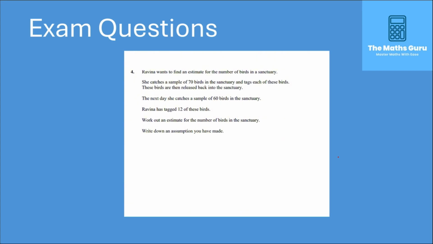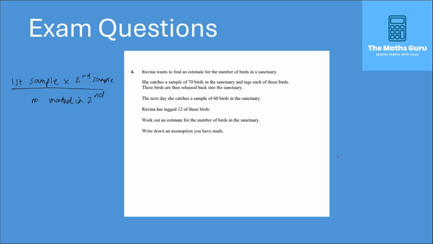So if you remember from previously, our formula to work out estimated population size is first sample times by second sample divided by number marked in second sample.